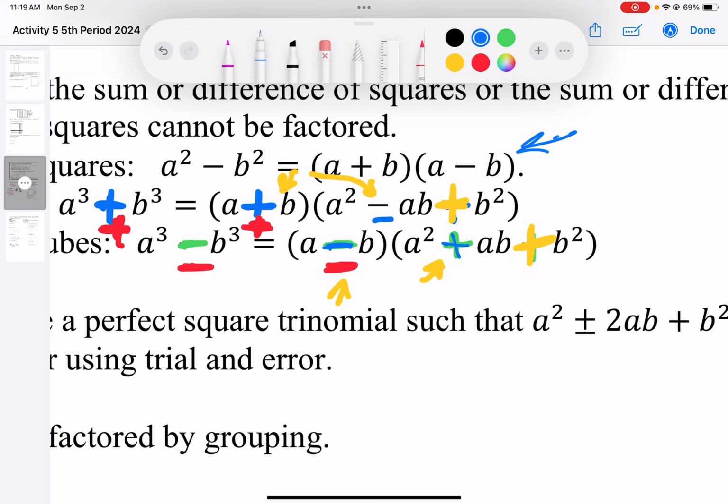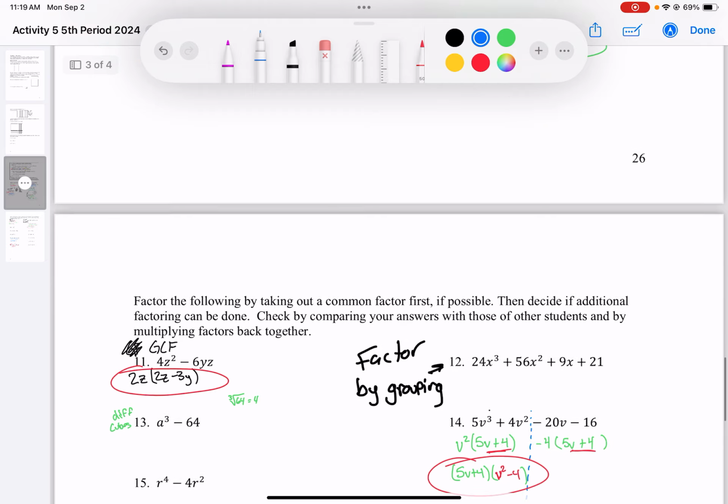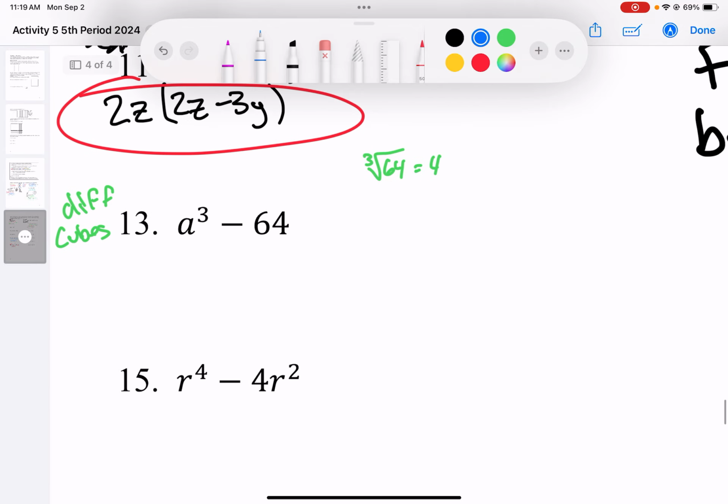Minus, and then it'll be a plus, plus. So I take my a term, my b term. I need to know what those are. So in this case, I know that this one's minus because it's got a match, and then it's going to be plus, and then it always ends with a plus.